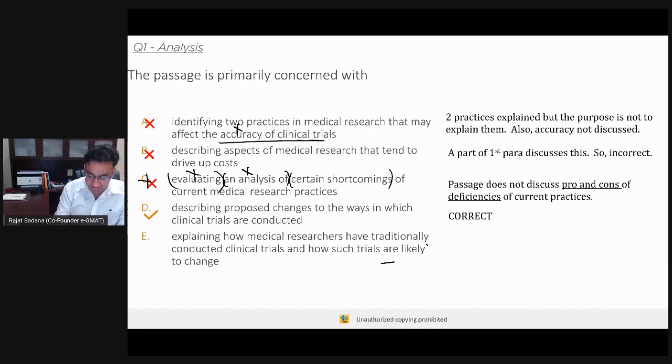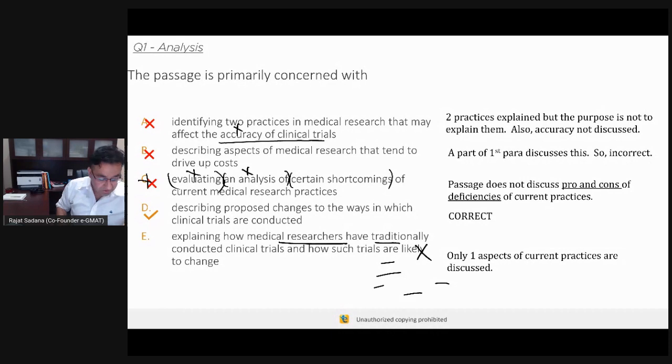We don't know if they're likely to change. Yes, some aspects are discussed, but not all aspects of how medical researchers have traditionally conducted trials. Because of which choice E is also wrong.